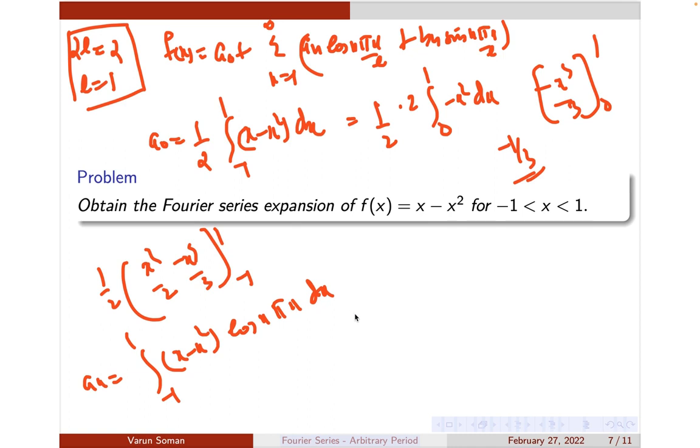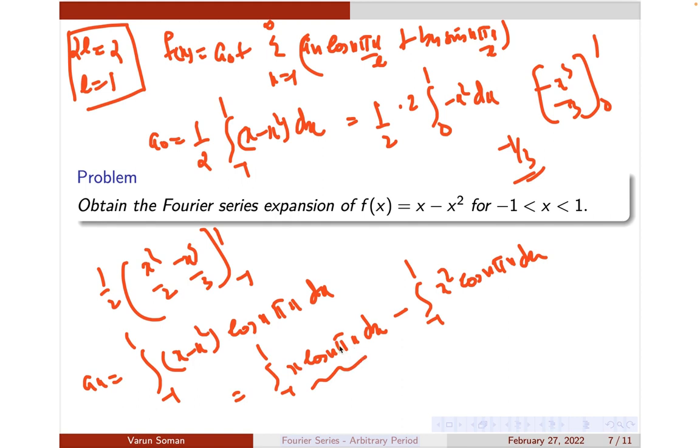Okay, so if you want, you can simplify it like this, minus 1 to 1 x cos n pi x dx, or you can do it directly also, no issue, minus 1 to 1 x square cos n pi x dx. Now this is an odd function because cos is even, x is odd, so this value will be 0. This is an even function because x square and cos are both even, so it will be minus 2 into integral 0 to 1 x square cos n pi x dx.